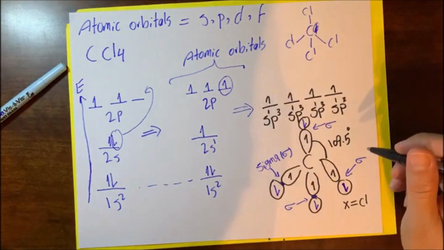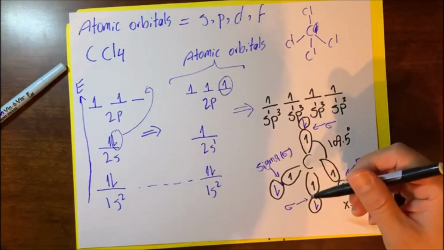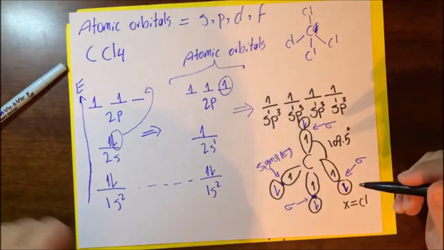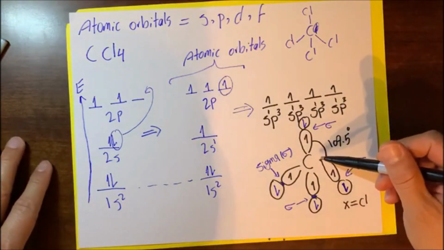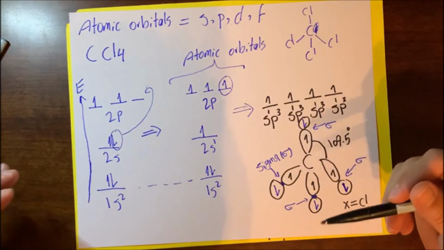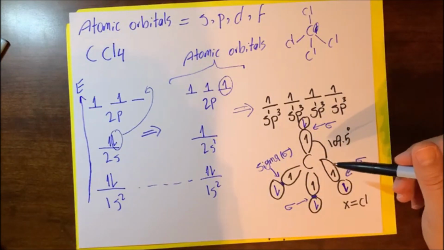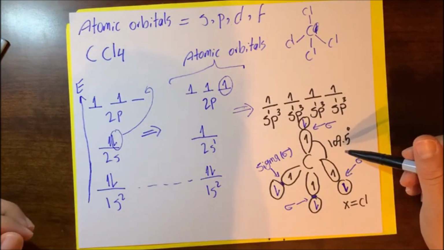And this is going to tell you the bond angle and what you should expect. So the central atom is going to tell you what will be the electron geometry, and what will be the expected bond angle.